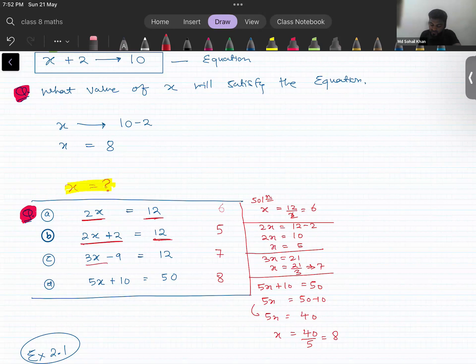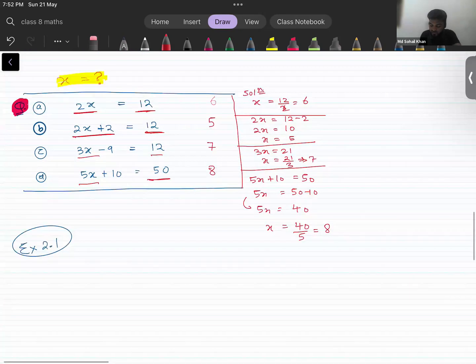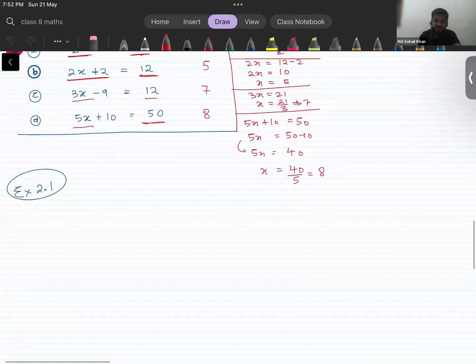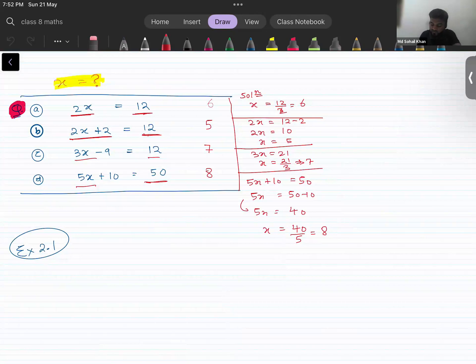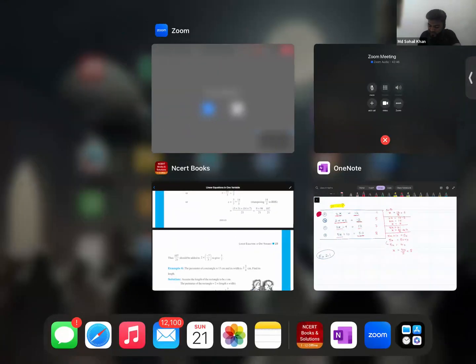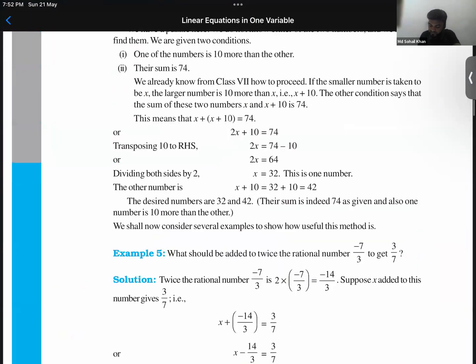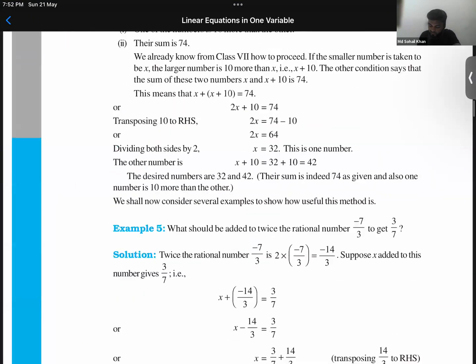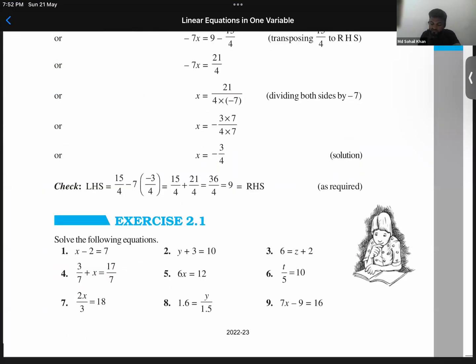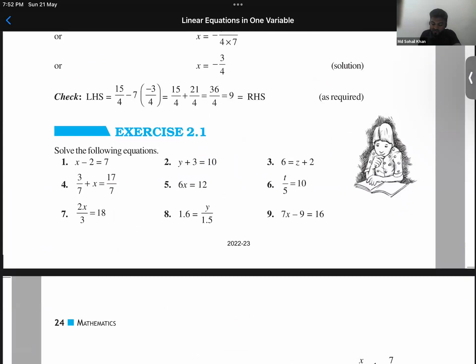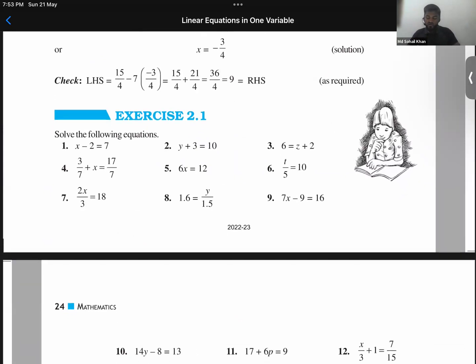On one side you are provided with a linear expression and on the other side of the equality sign a constant, and you had to find the value of x.